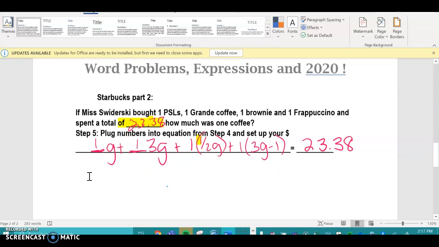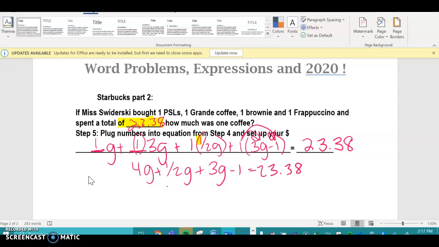Well, let's solve. 1G times 3G, so that's going to be 4G, plus 1 times 1/2 is 1/2 G, plus we'll have 3G minus 1 when I distribute that 1 equals 23.38.